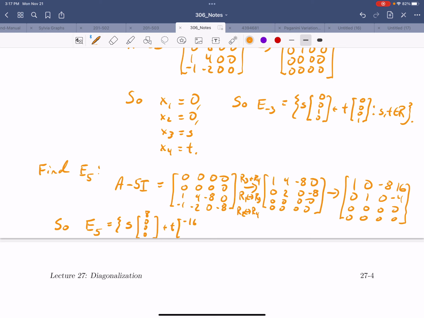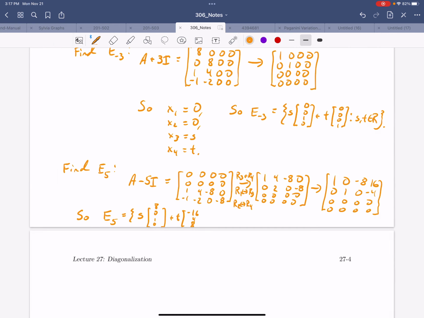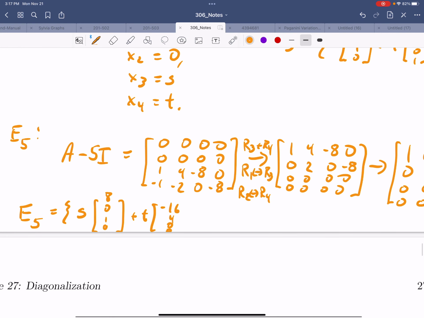Negative 16, 4, 0, 0. Oh, actually, this should be a 1 right there. And actually, this should be a 0, and that should be a 1 down there. Make that a little bit clearer. Negative 16, 4, 0, 1.